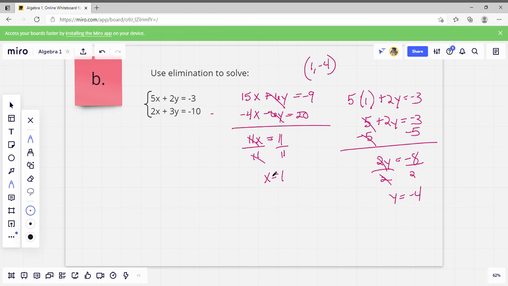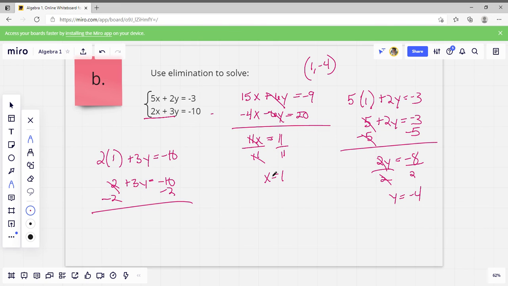Now let's try it on this bottom one. So if I said 2 times 1 plus 3y equals negative 10, 2 times 1 is 2, plus 3y equals negative 10, minus 2. Here we go.